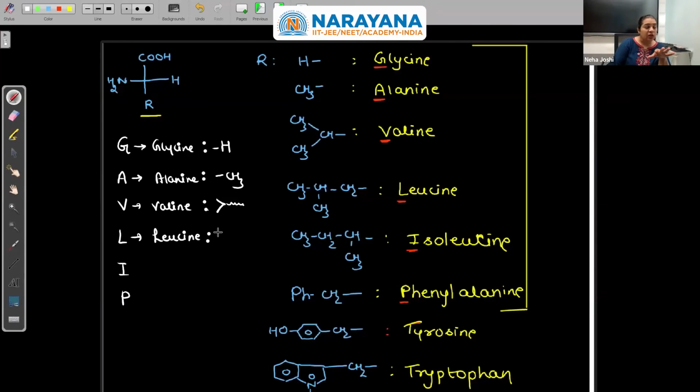Leucine has 1, 2, 3, like this. It is an isobutyl group. Then comes isoleucine, and here it is 1, 2, 3, 4. That is the secondary butyl group of isoleucine.